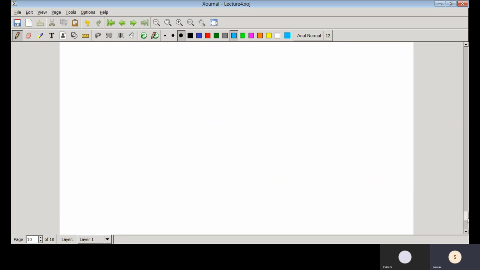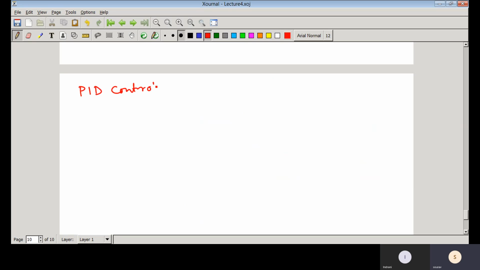PID control. PID control is proportional, integral, and derivative, as I have already mentioned.